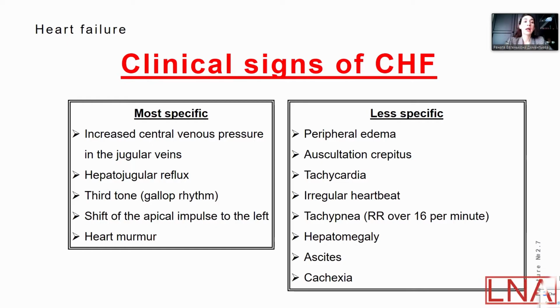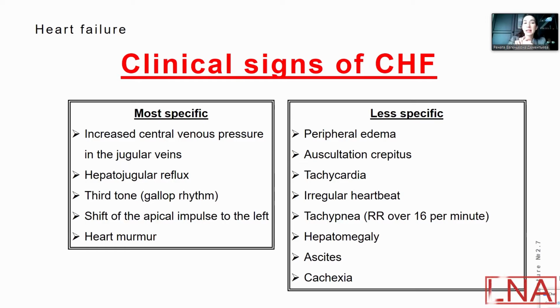If we return to the mechanism of formation of the third tone, it is formed when the bloodstream passes through the mitral valve and the tricuspid valve in the period of filling of the ventricles, contacting the hypertrophied and dilated cardiomyocytes of the ventricular chambers. Shift of the apical impulse to the left side on palpation, and development of a heart murmur, exactly a murmur like relative mitral insufficiency.